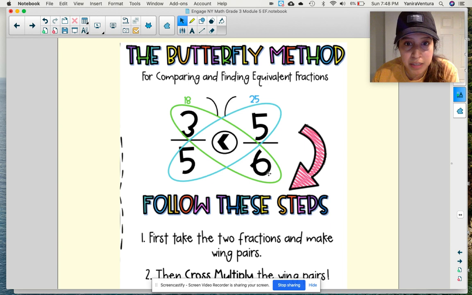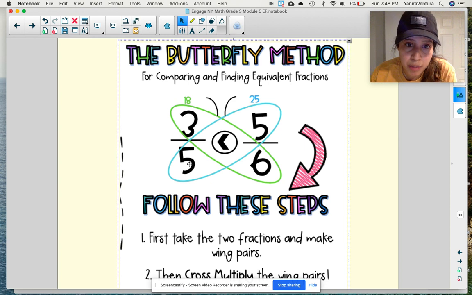And 3 times 6 equals 18. So here we have the product. Then you cross and multiply 5 times 5, and you get a product of 25. And here we have the 25. We can say that 5/6 is greater than 3/5 because our product 25 is greater than 18.